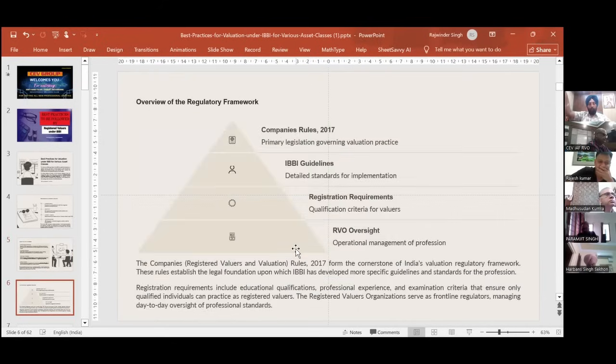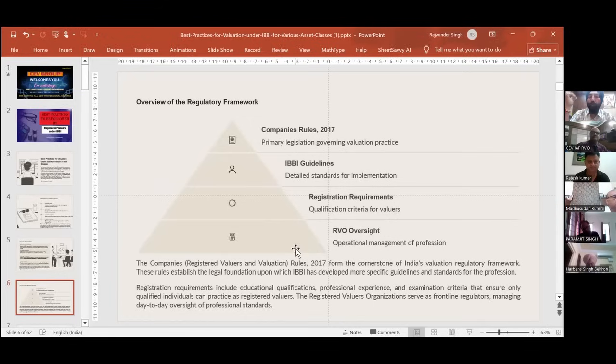So now we will discuss the overview of the regulatory framework. With the advent of IBBI, it was done under the Companies Rules 2017.